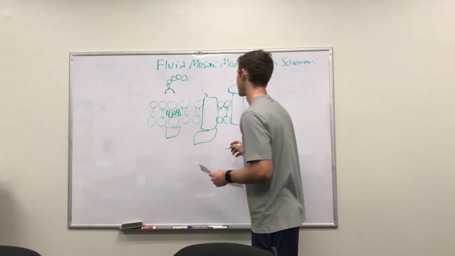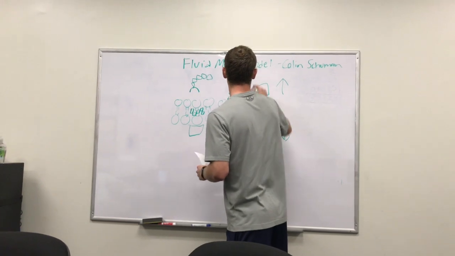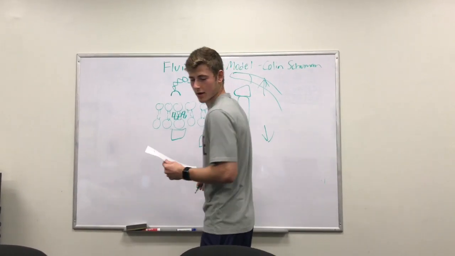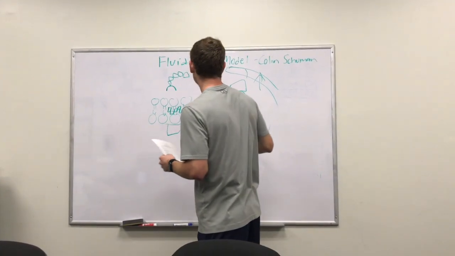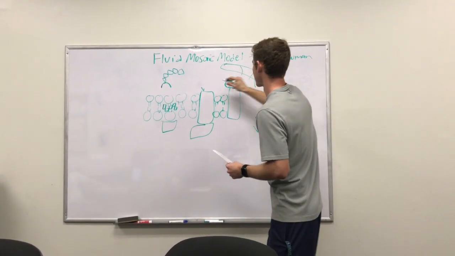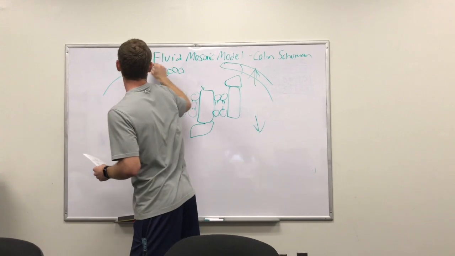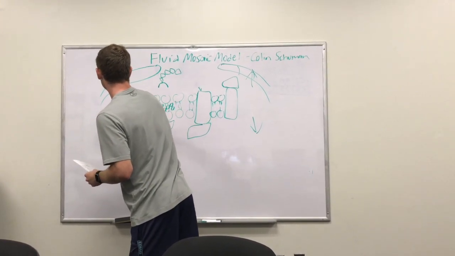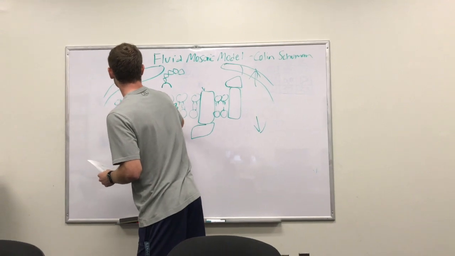And I guess to finish the rest of the fluid mosaic model, we have the extracellular matrix protein, which would be all around the outside of the phospholipid bilayer.